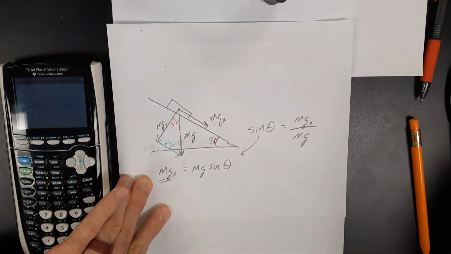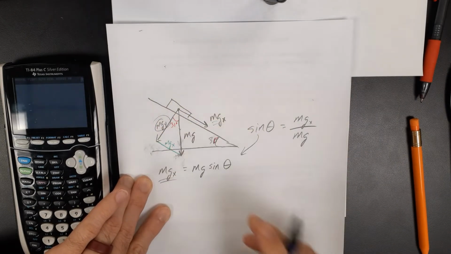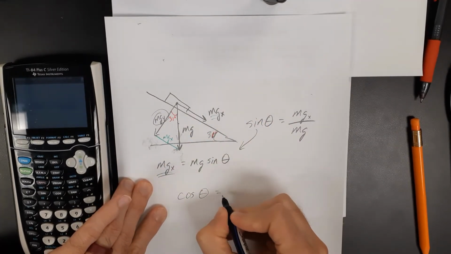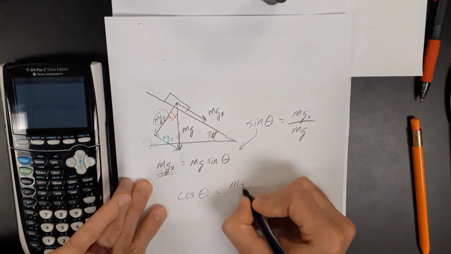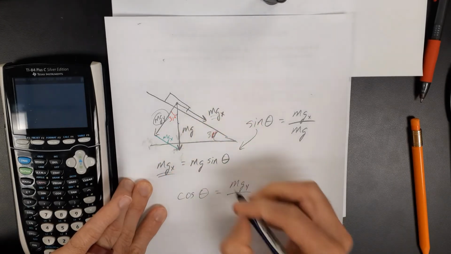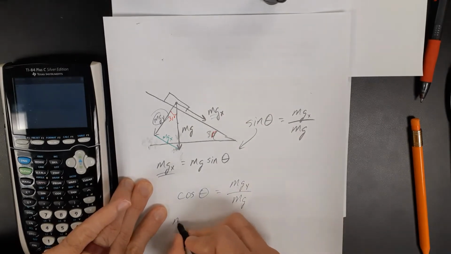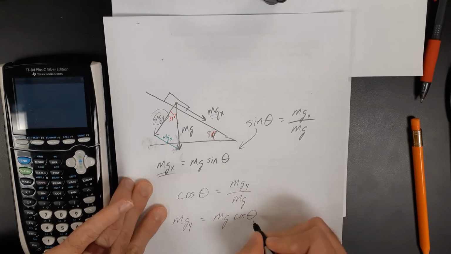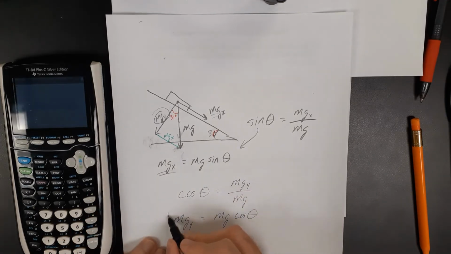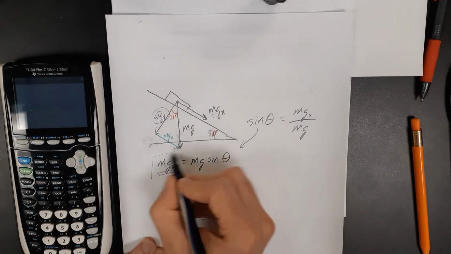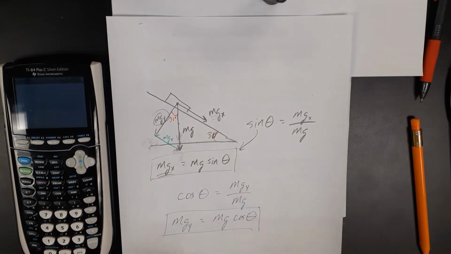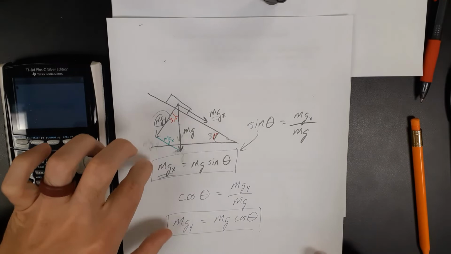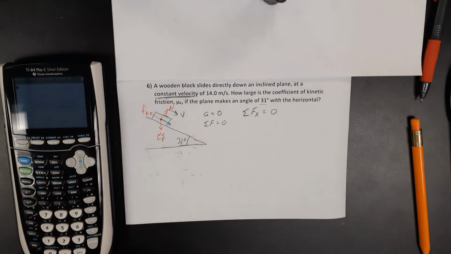Likewise, the y component is the adjacent side, so the cosine of this angle equals the adjacent y component divided by the hypotenuse. And so the y component is the force of gravity times the cosine of theta. These are going to be important. We're going to use these in our formula in just a moment.